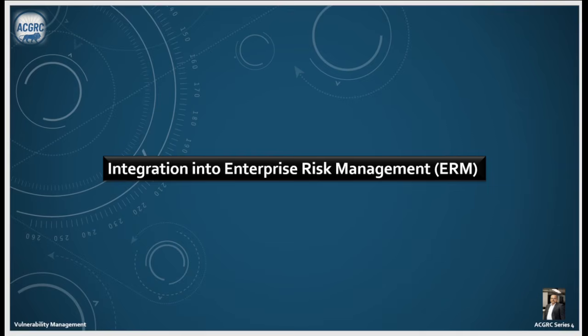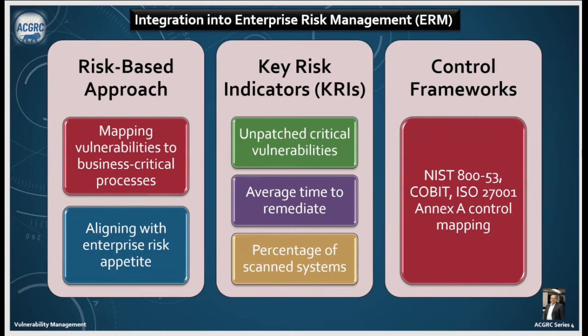Integration into enterprise risk management, or ERM. There are three primary pillars: risk-based approach, key risk indicators, and control frameworks. With the risk-based approach, we are mapping vulnerabilities to business critical processes and aligning with enterprise risk appetite.